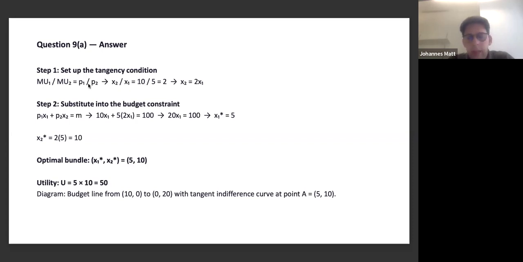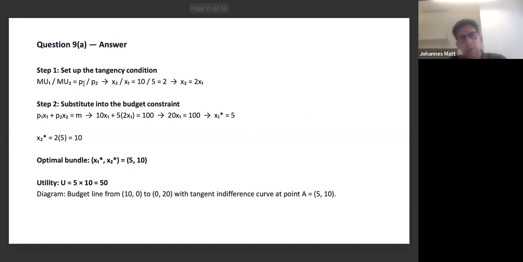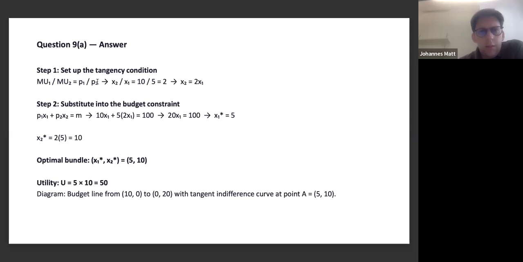So then with the hint that we're given here, that the marginal utility has this form, we can just substitute that into this tangency condition, right? So what is the ratio of marginal utilities here? Well, it is x2 divided by x1, and that should equal the relative price.